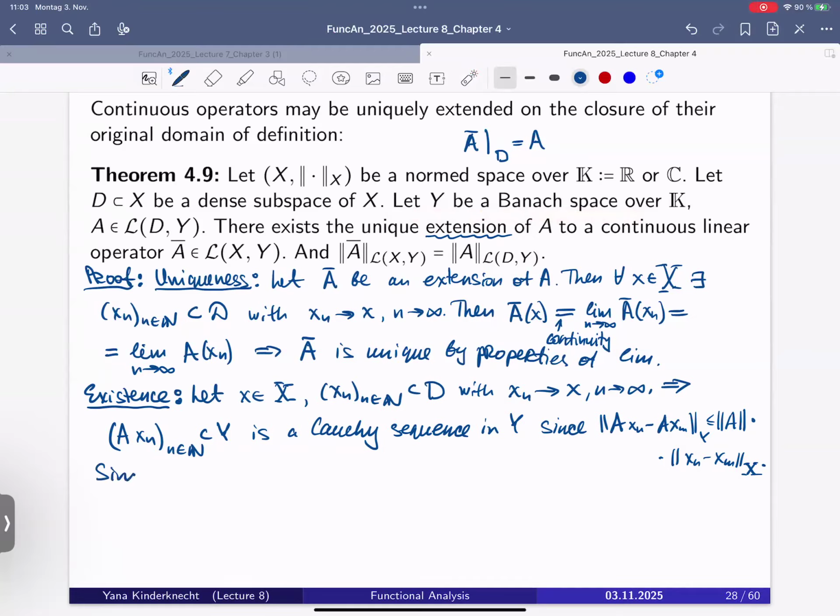So there exists the limit of A of xn, and this limit we call A bar of x.